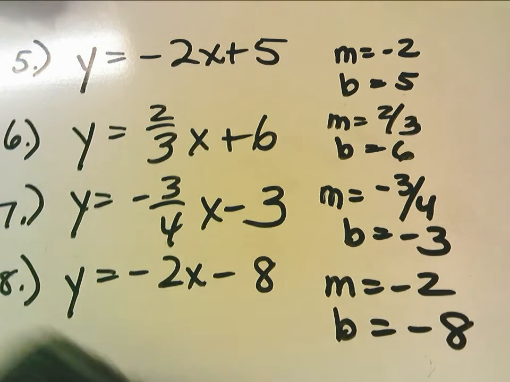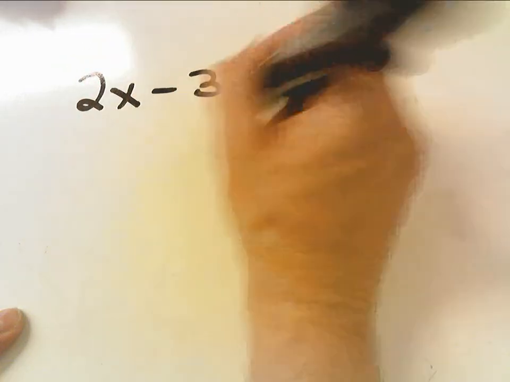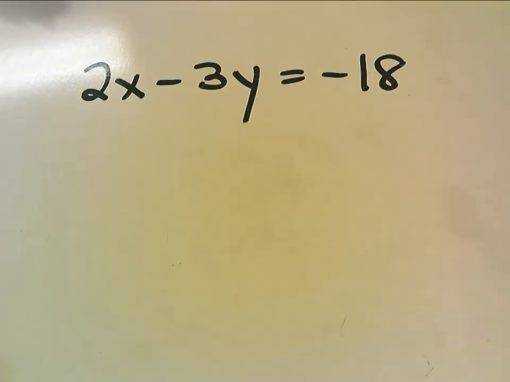Okay, now, so you notice when an equation is in slope-intercept form, it's very easy to identify the slope and the y-intercept. Now here's an equation that's in standard form. It's not as easy. You can't as quickly get the slope and the intercept.